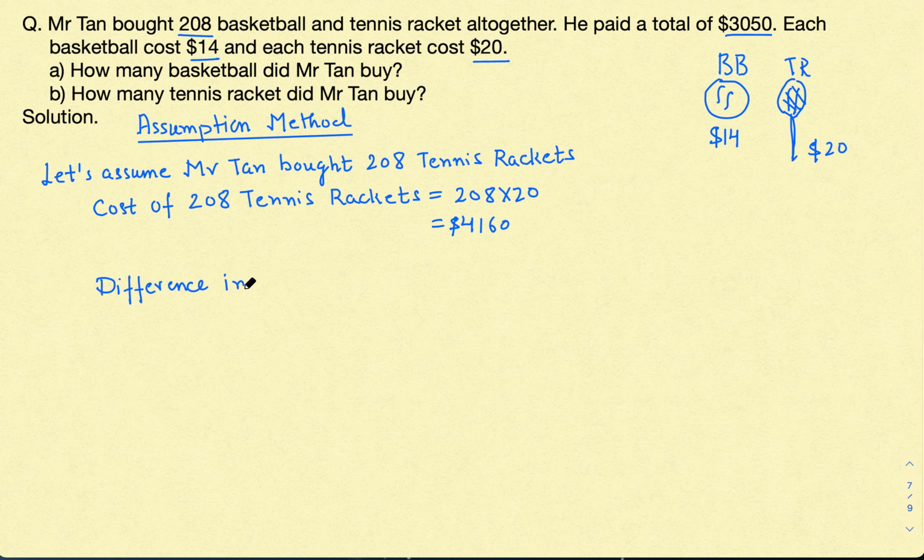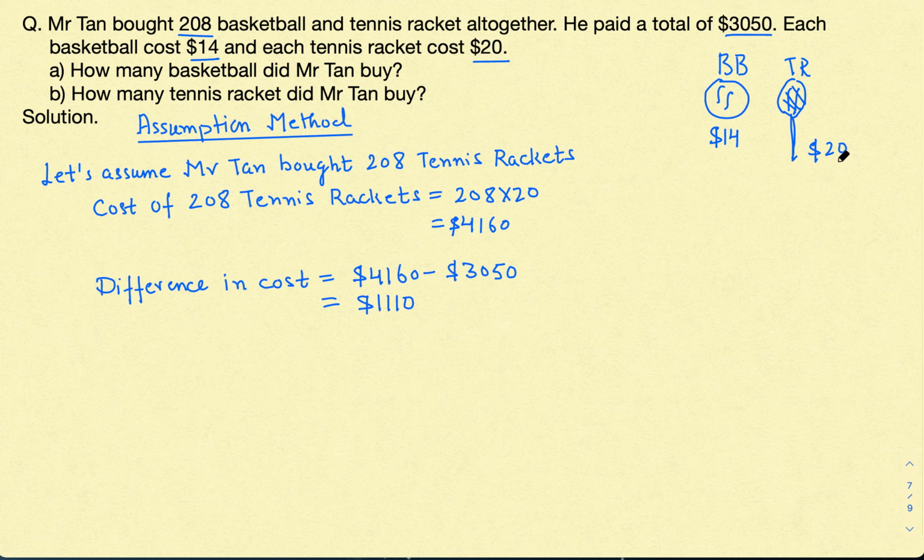So the difference in cost would be $4,160 minus $3,050. That will give me $1,110, right? Now what is the difference in the cost of one basketball and one tennis racket?